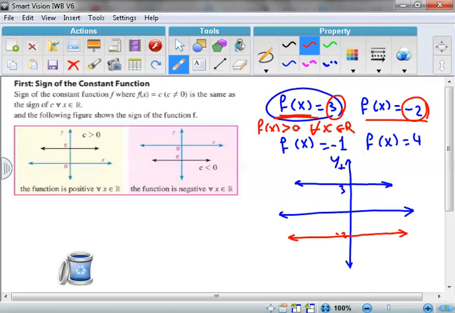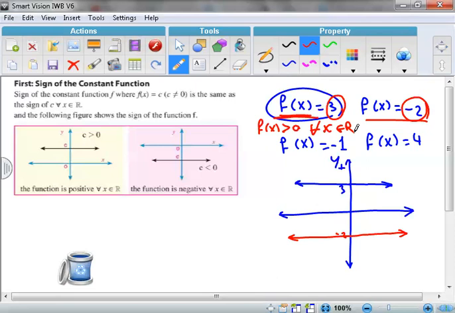For all. This is read as for all, meaning for every real number.